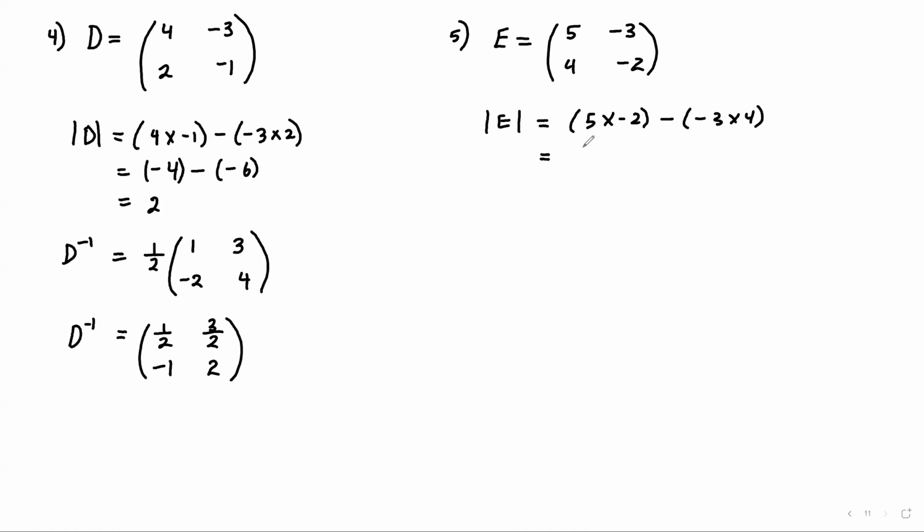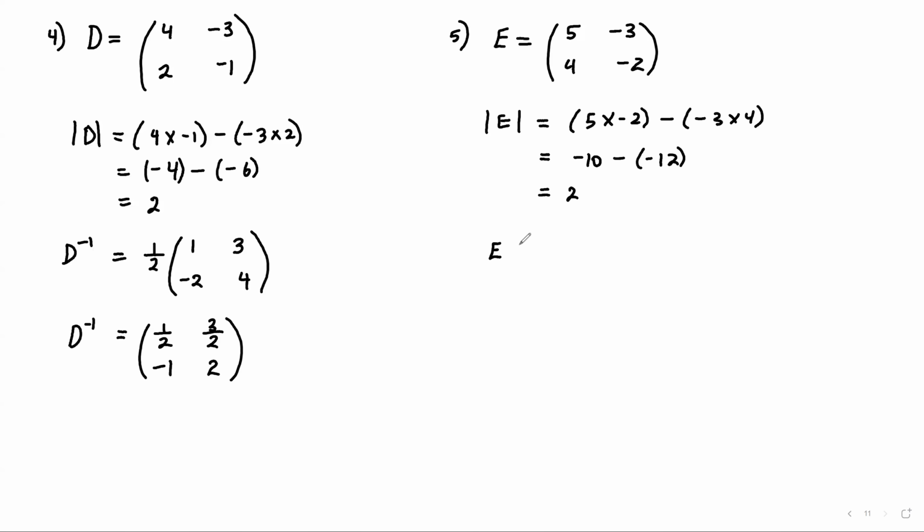So 5 times negative 2 is negative 10. Negative 3 times 4 is negative 12. Negative by negative is a positive, so negative 10 plus 12, which will be 2. So the determinant of E, just like the determinant of D, is also 2.